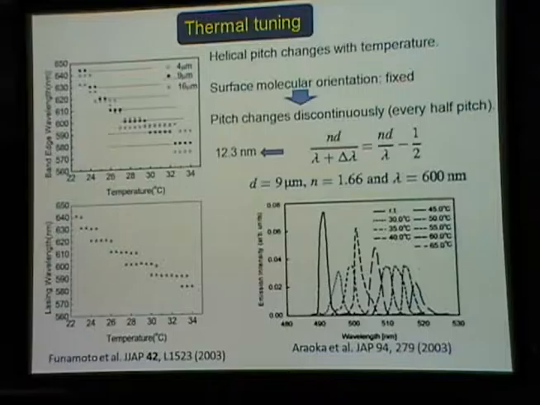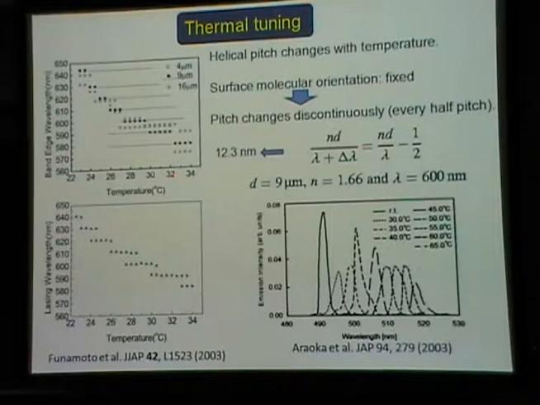That means we always have an integer or half-integer number of pitches inside the cell. So if we have 10 pitches, then by changing temperature, we will have 10 and a half pitches, or so on. This is the data by Funamoto et al.